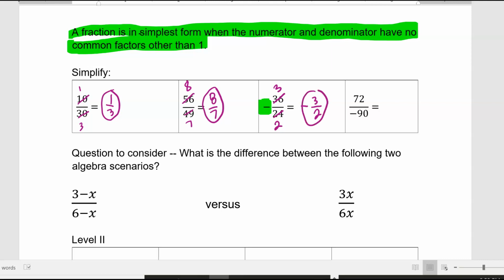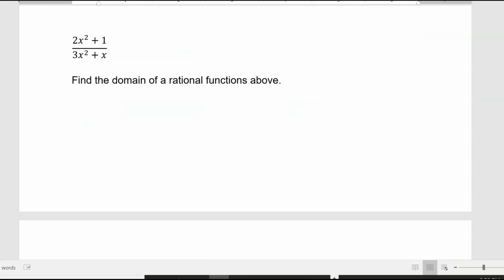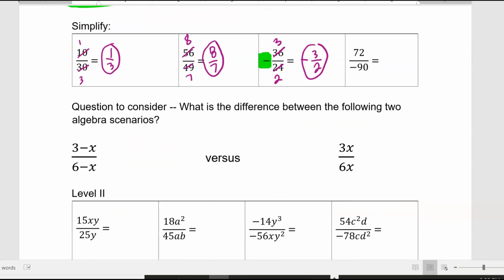Then you have 72/-90. And most people will go for the 9, the common factor of 9 first. And that's perfectly fine as well. So if you did go for 9 first, then 9 goes into 72 8 times and then into 90 10 times.